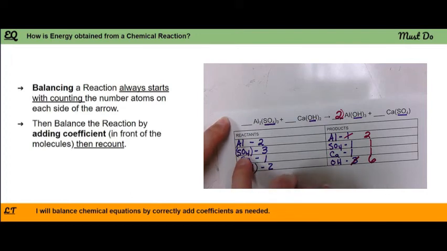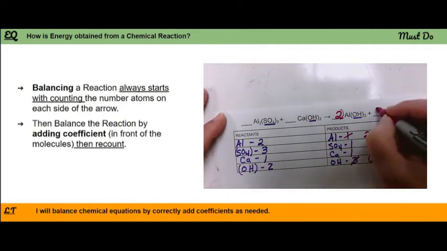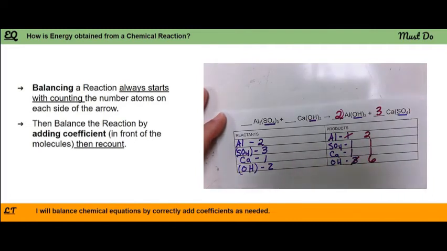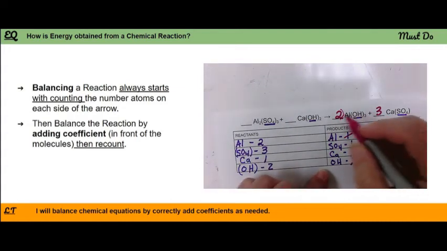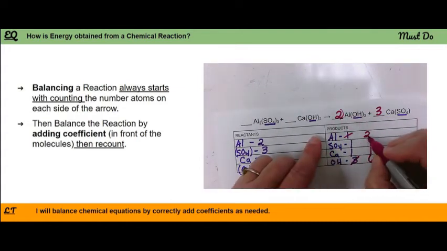So my SO4 here, there are 3, and my SO4 here, there is 1. So on this side, I have to add a 3, and that is going to give me, I have to look here, so I have 2 aluminums.